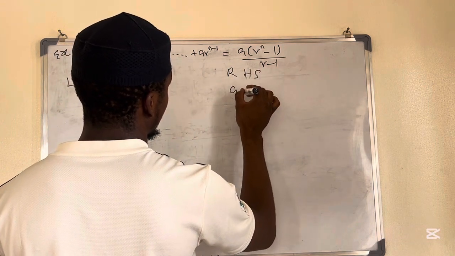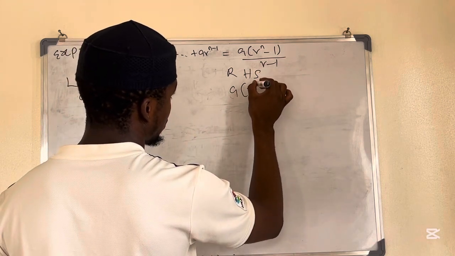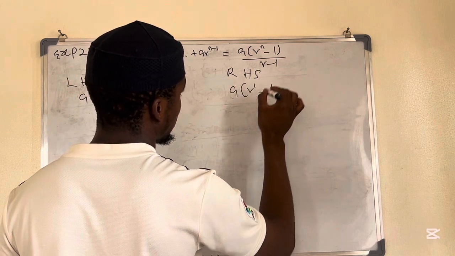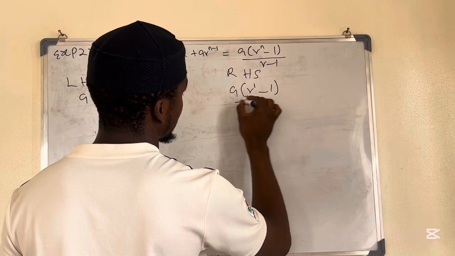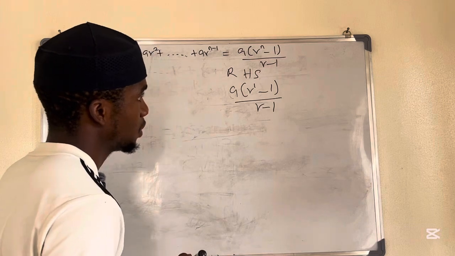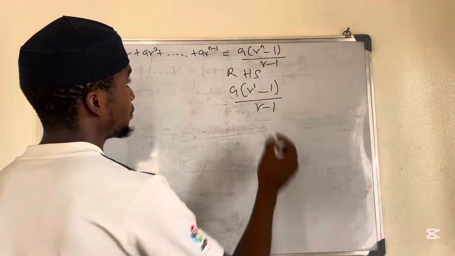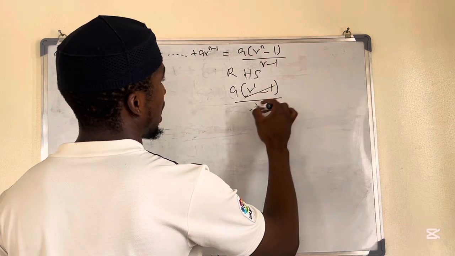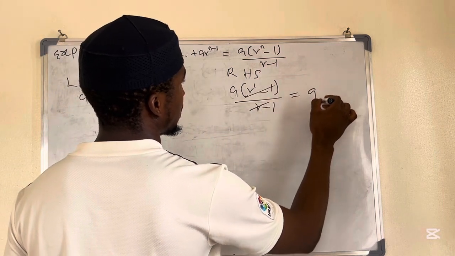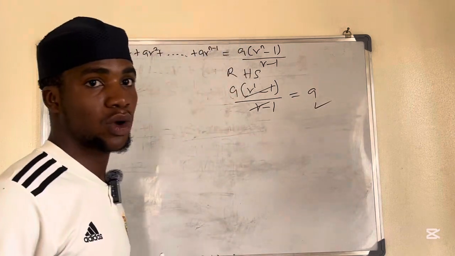We have a into r to the power of n, so we say 1 minus 1, close bracket, all over r minus 1. So r raised to the power of 1 is still that number. So r minus 1 will cancel r minus 1, then we're left with a. So the left hand side is equal to the right hand side. So n equals 1 is correct.